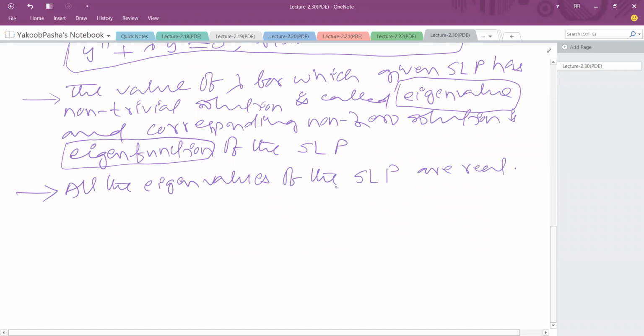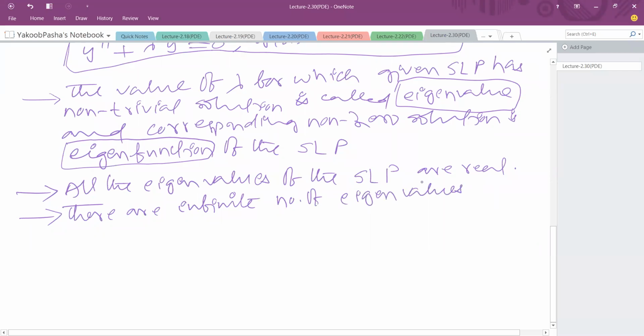This is a likely direct question. All the eigenvalues of the SLP are real. And there are an infinite number of eigenvalues.